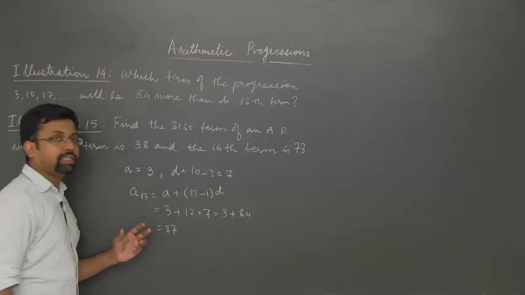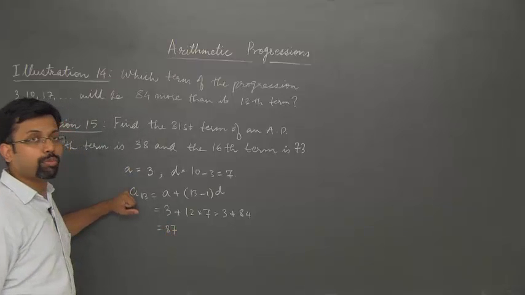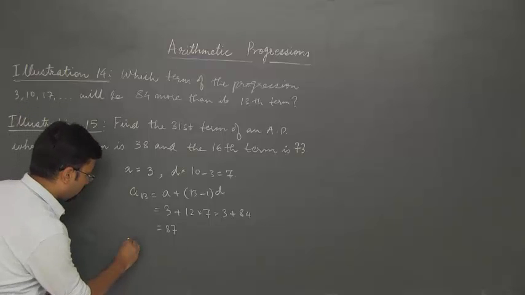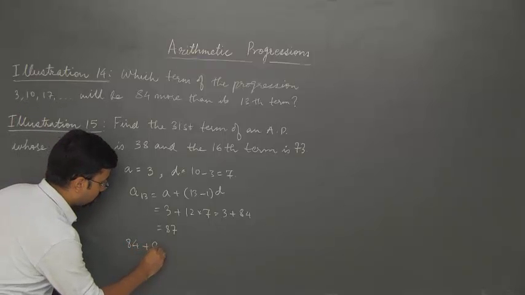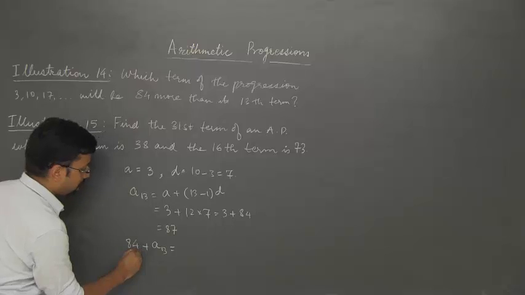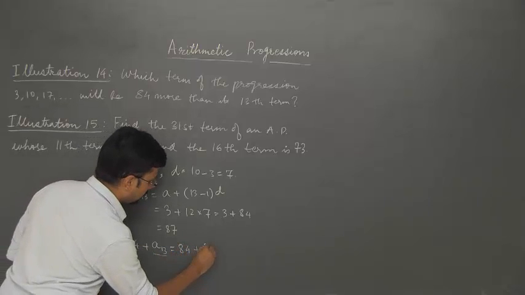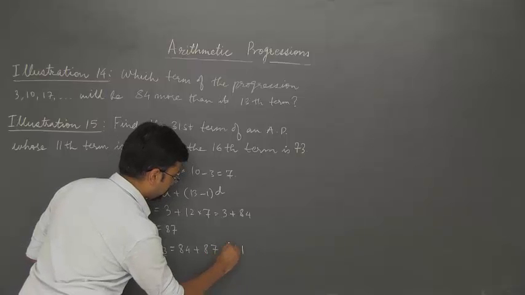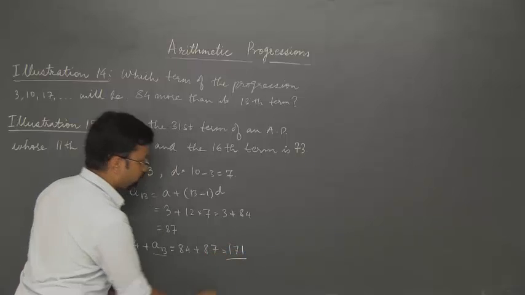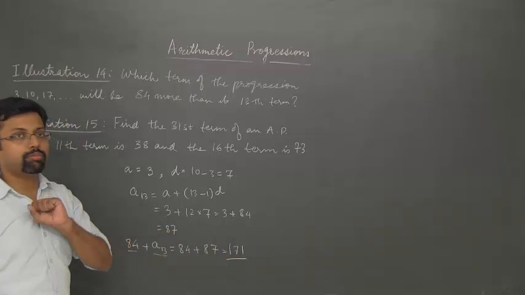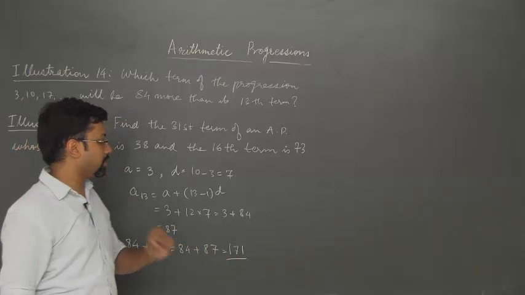We have to find a term which is 84 more than the 13th term. So 84 more than the 13th term would be 84 plus A13, which is 84 plus 87, which is 171. So we have to find which term of the given AP is 171.